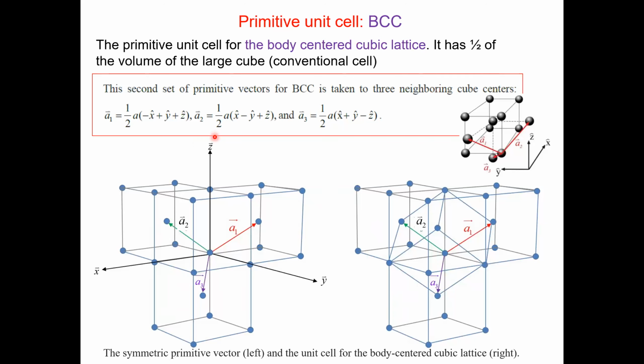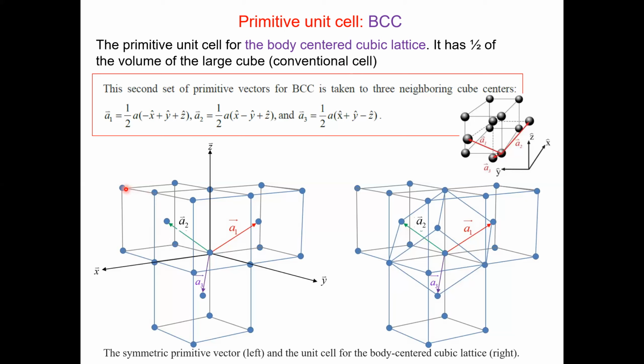But for BCC, it's not that, okay? Let's look at the symmetric one. Remember this figure that you learned from the last slide. Notice that I wrote this down, that the primitive unit cell for BCC is only half of the volume of the conventional cell.